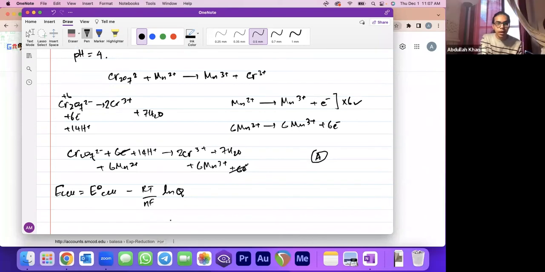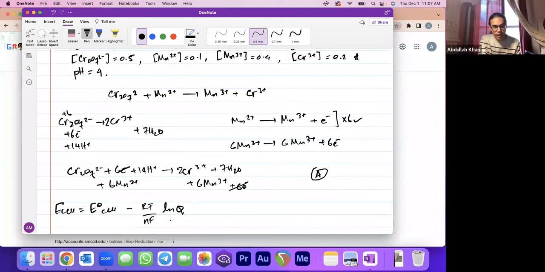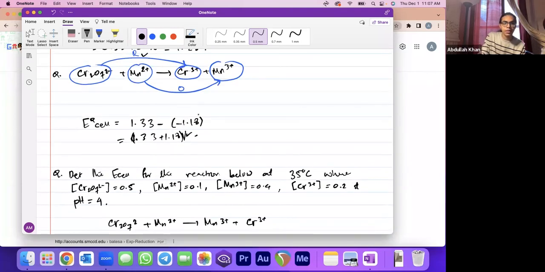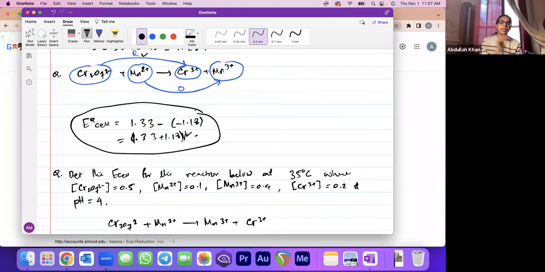Great. For this reaction, we had calculated the E0 cell previously using the reduction minus oxidation right here. So even if it's a non-standard question, you want to do the standard thing first because it's part of the Nernst equation. So you want to calculate the reduction minus oxidation no matter what question it is. Cool.